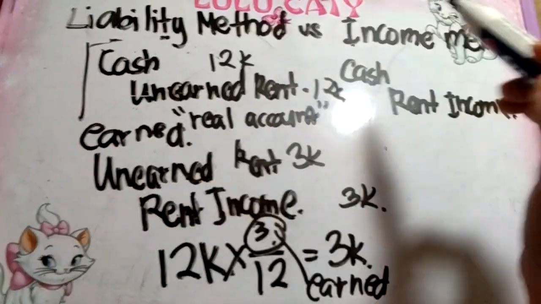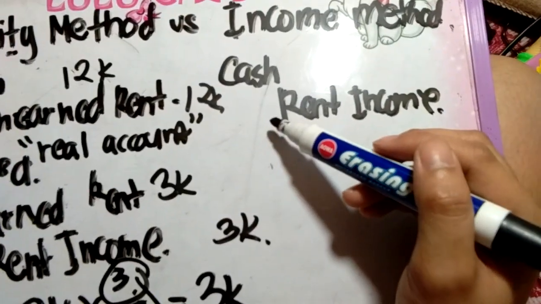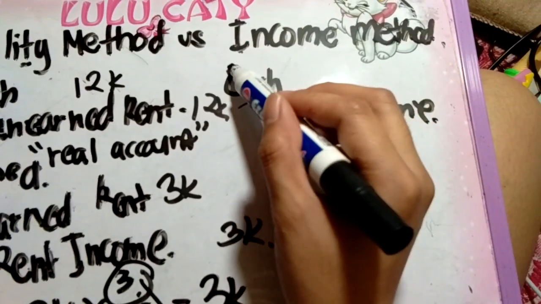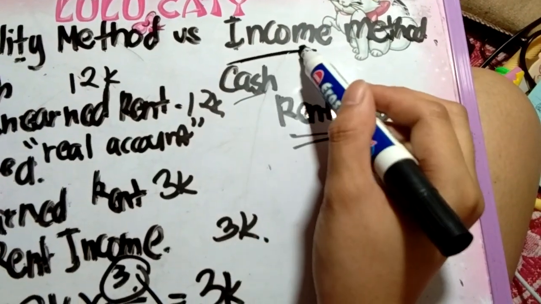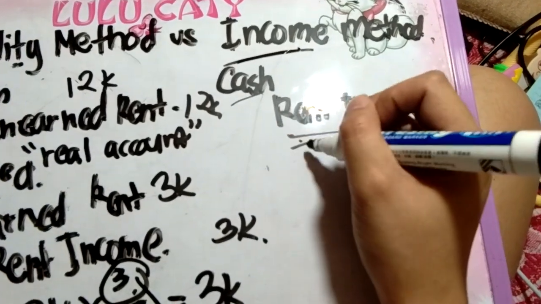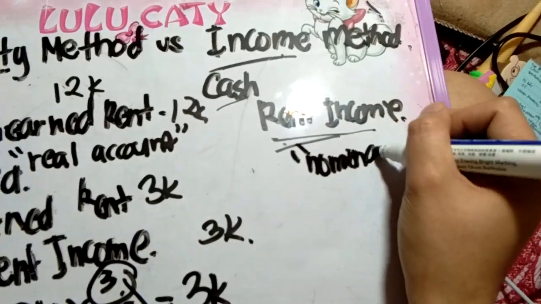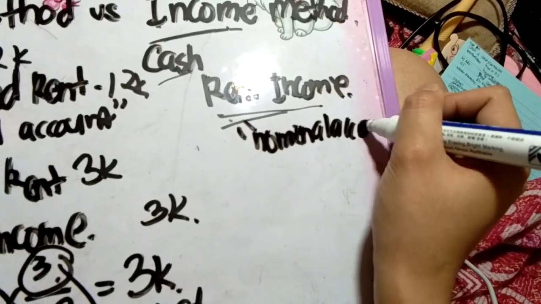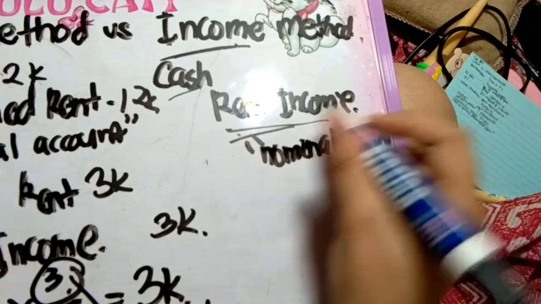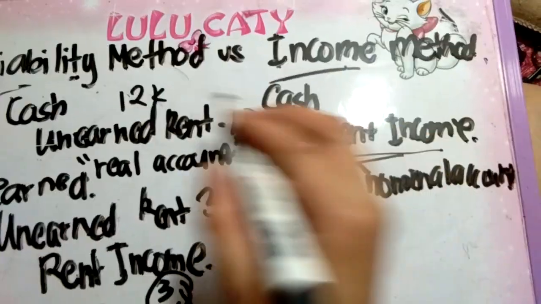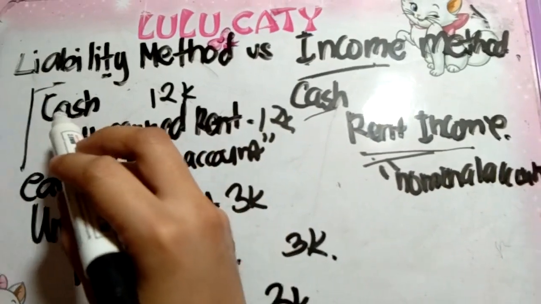Okay. Whereas in income method, we're going to start with cash and rent income, which is an income, which is a nominal account. Since we started with a nominal account or a rent income, we're going to focus on the portion that is not earned.